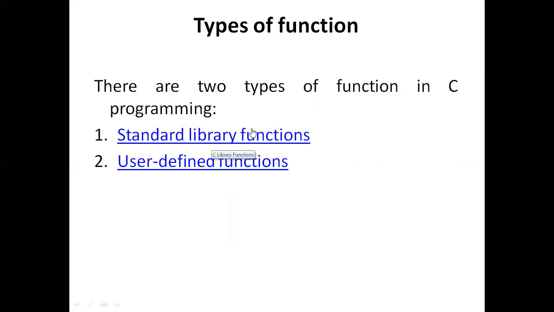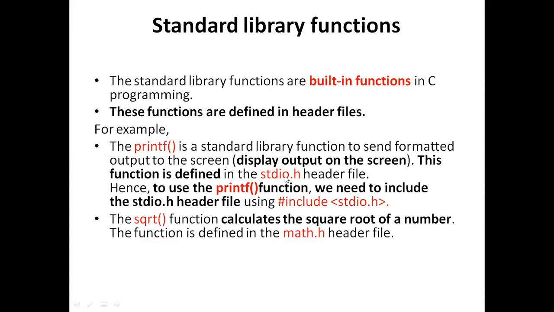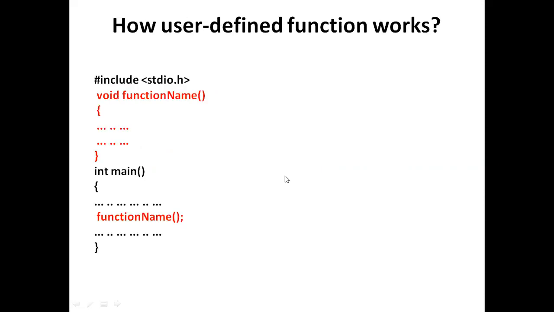That printf and scanf code has been written by the C developers, and by using hash include stdio dot h, we include those functions. Such functions we call standard library functions.